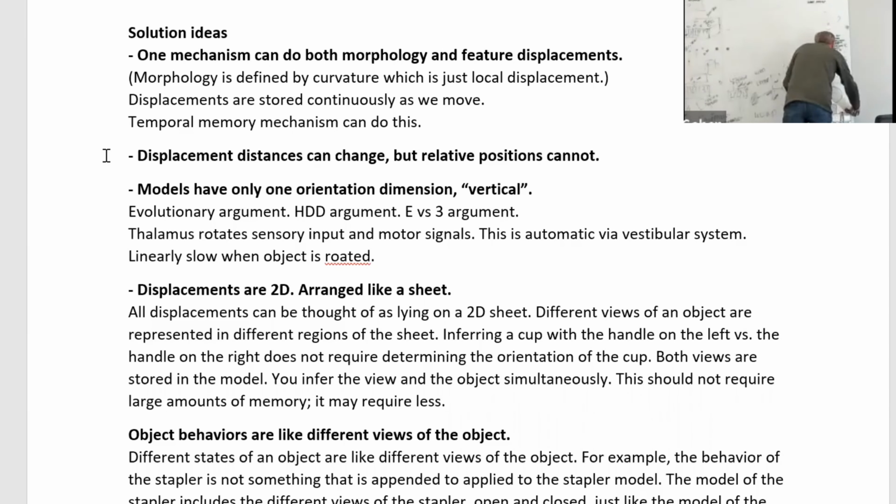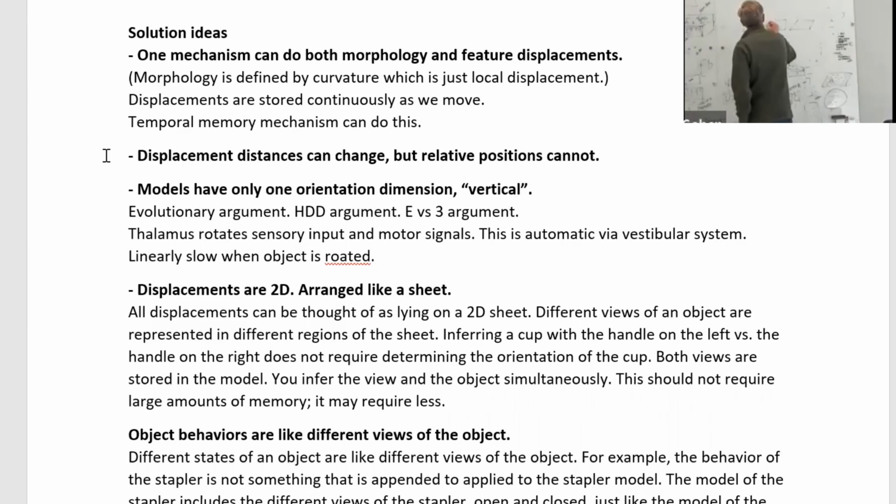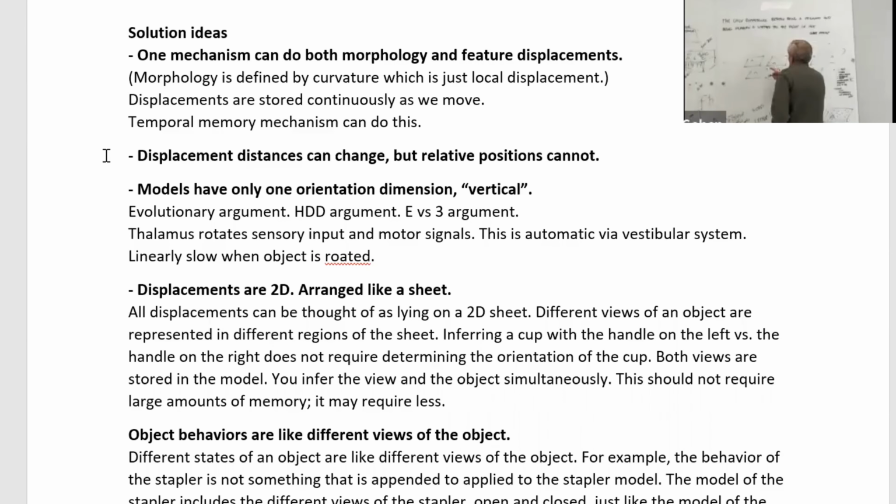The way we did it in the framework paper is that we assumed there were multiple grid cell modules, lots of them, and you had a bump of activity in each one. These modules had to be different: either a slightly different scale or a slightly different orientation to each other.